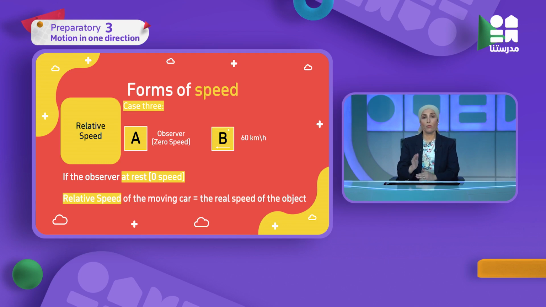If the car is moving in front of me at 50 kilometers per hour, I can see its original speed as it is, its real speed. If it is moving in the opposite direction of me at 20 meters per second, I can see it with its real speed. Why in this case can I see the car moving with its real speed?